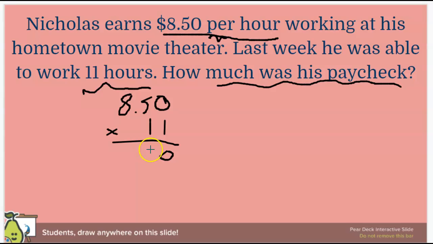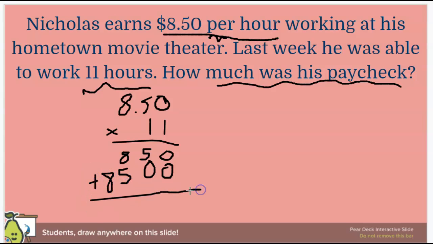So 1 times 0, 1 times 5 is 5, and 1 times 8 is 8. Add my little 0 for place value. 1 times 0 is 0, 1 times 5 is 5, and 1 times 8 is 8. And then you add those together. 0, 5, 13, and 9.